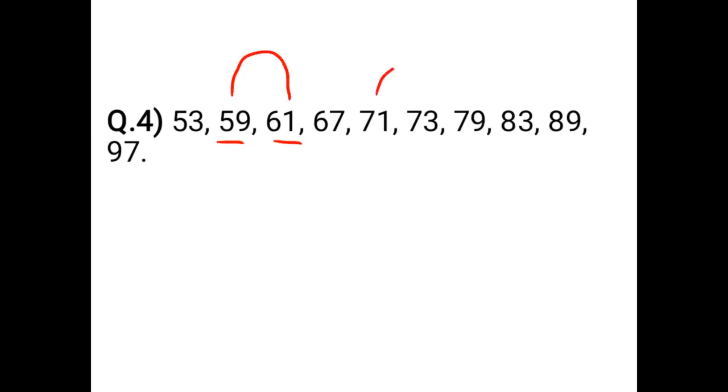Numbers 71 and 73. Again you find one number gap in between. After 71, 72 is not prime. After 72, 73 is there. 71 and 73 are prime numbers. Find other pairs of twin prime numbers.